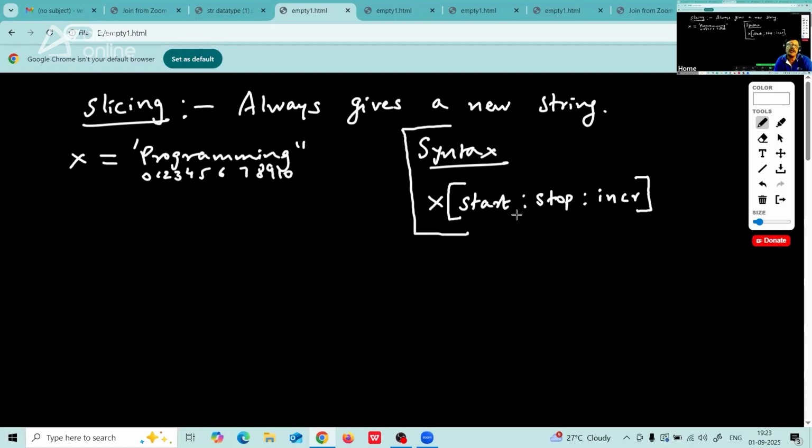Start, stop, increment. Out of this, increment is optional. If you don't give increment, then by default, you know that increment is plus 1.